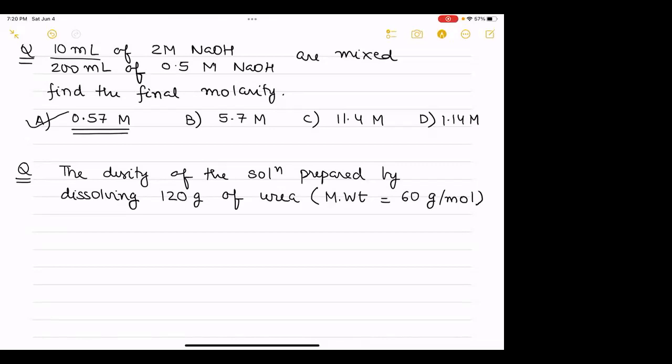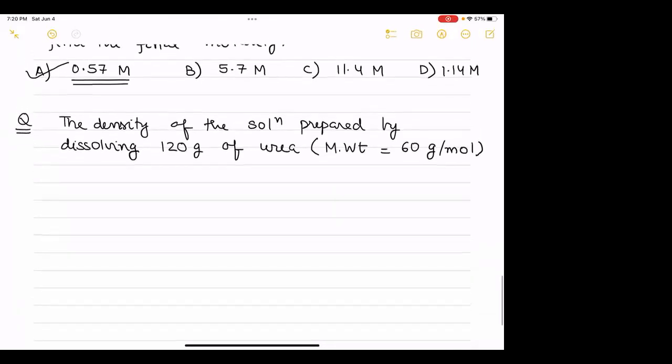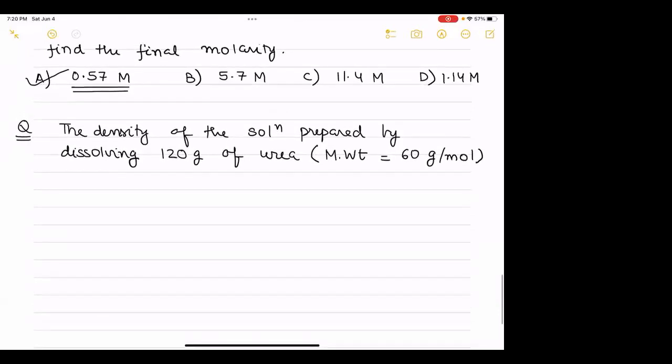So the density of the solution prepared by dissolving 120 grams of urea in 1000 grams of water. This is just the solvent, not the solution.